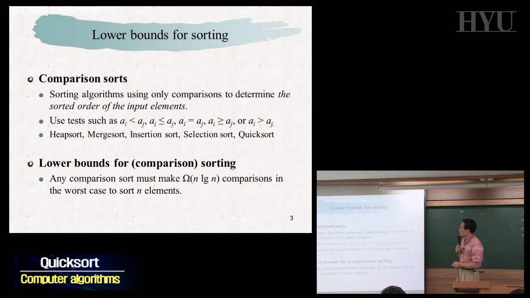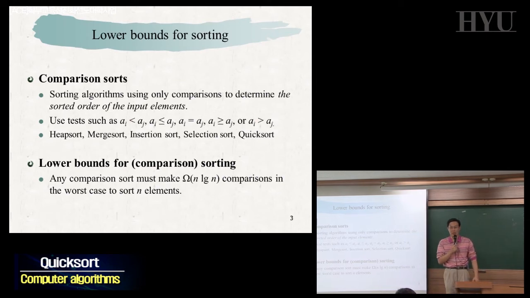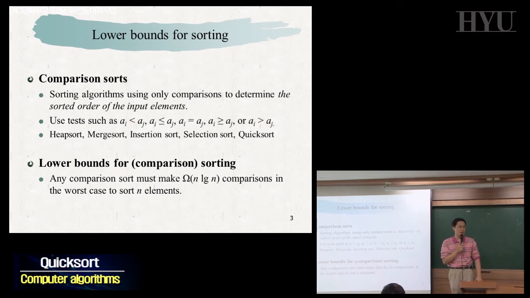And I will explain now that any comparison sort must make omega of n log n comparisons in the worst case. So no comparison sort is faster than theta of n log n in the worst case.